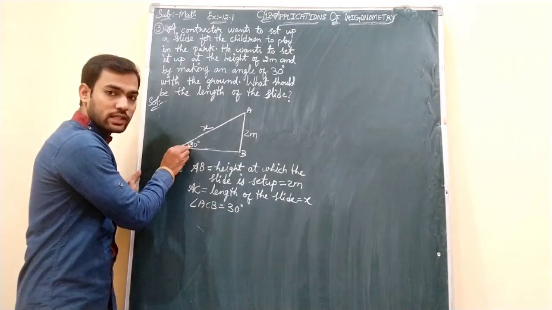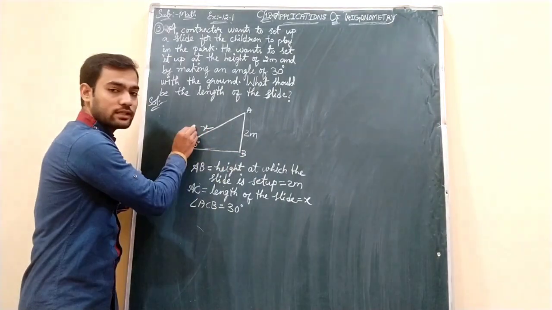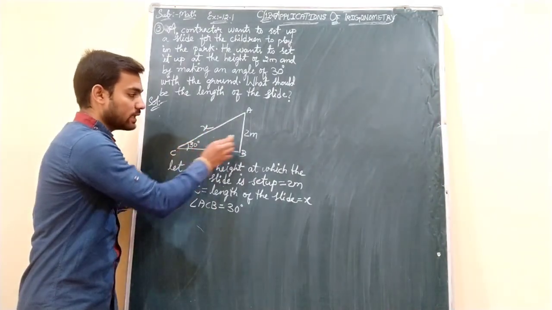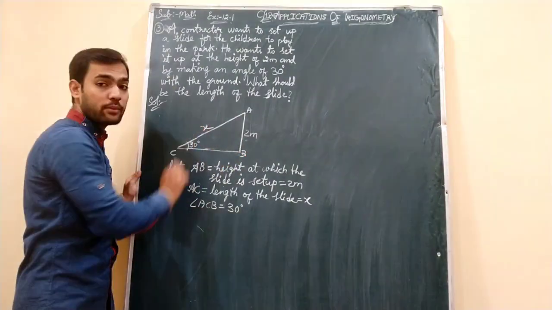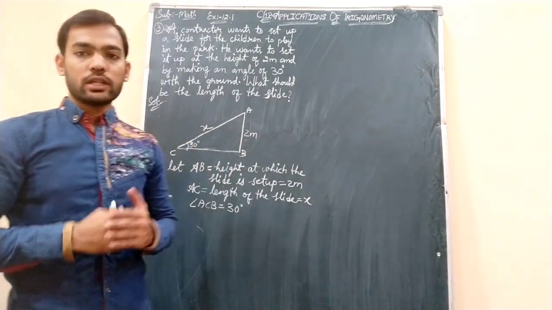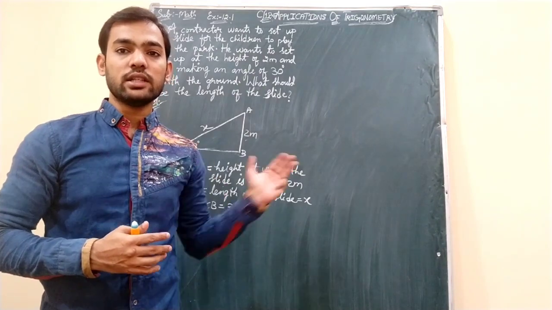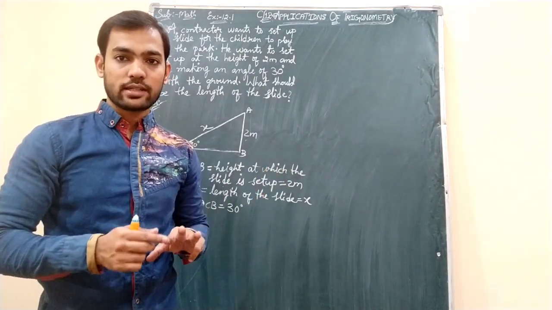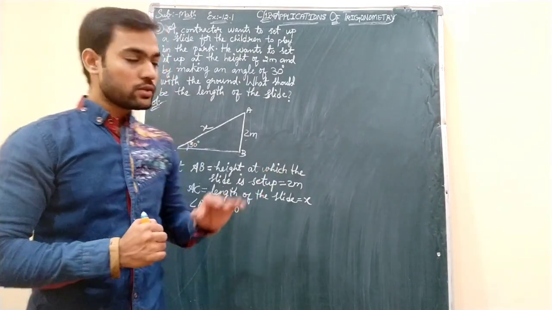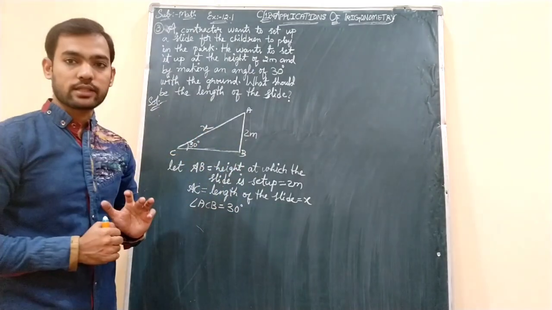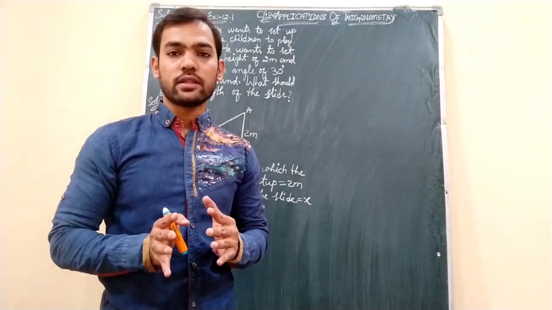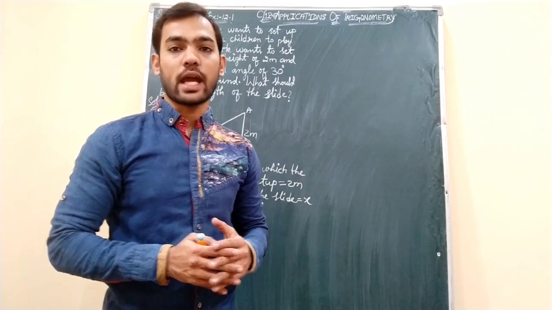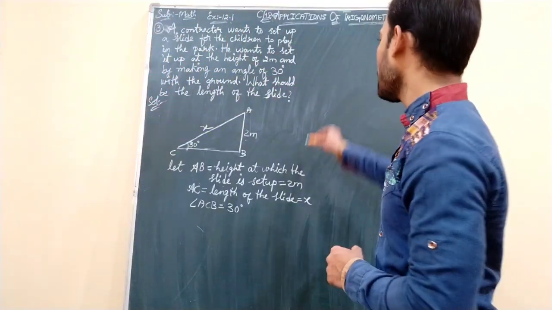Now with respect to this 30 degree angle, you see this is which side, this is which side. With respect to this angle, this is opposite side and this is hypotenuse side. And as I said, always we will consider the starting three ratios in this chapter, either sine, cos or tan. So here opposite and hypotenuse, the ratio of both these sides is related to sine theta. So that only we will consider now.